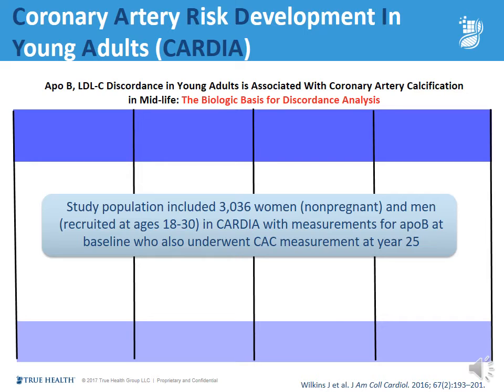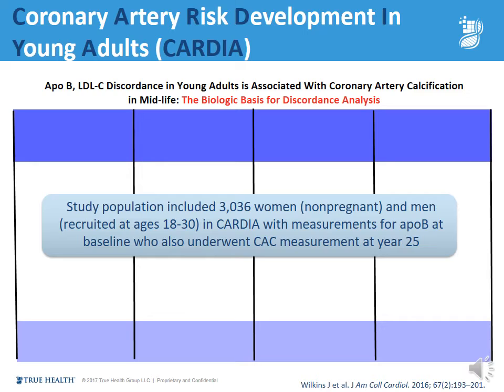And then 25 years later, they got coronary calcium scores, which, as you know, would establish the presence of coronary atherosclerosis. And they could look back and look at conventional lipid concentrations and at apolipoprotein B, and ask, could you, at baseline, when a person is young, get a handle on who is more likely to develop coronary atherosclerosis?